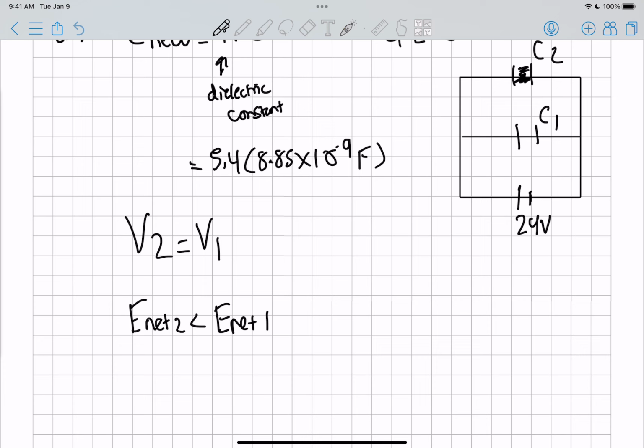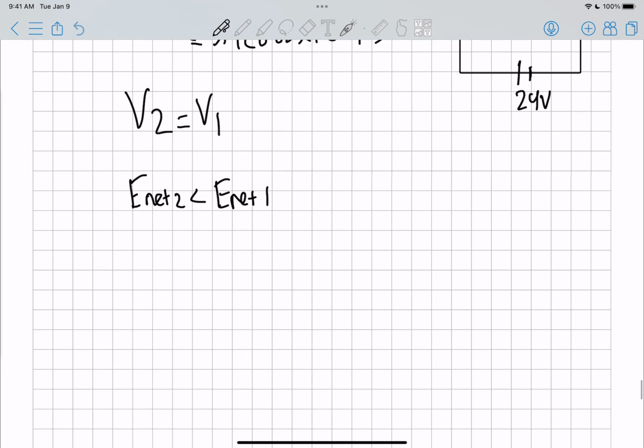Capacitors are both the same. Yeah, I think E2 should be less than E1. Does anybody see any error in my logic? I guess not. All right.